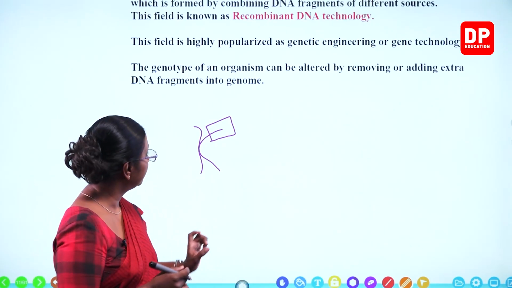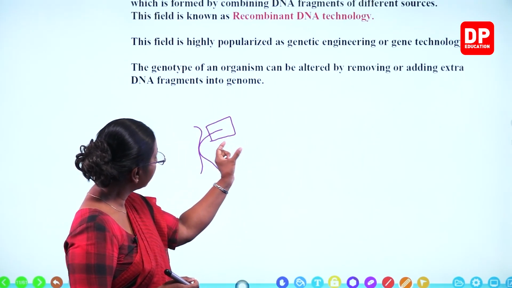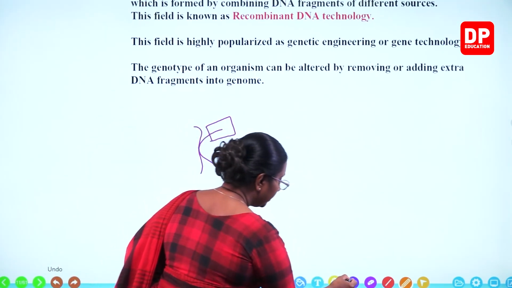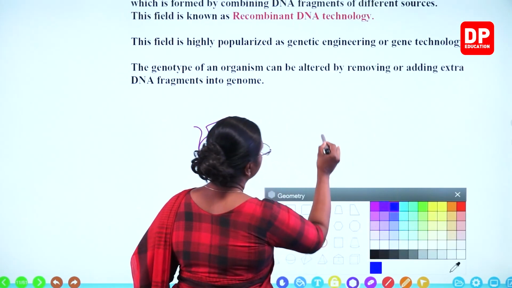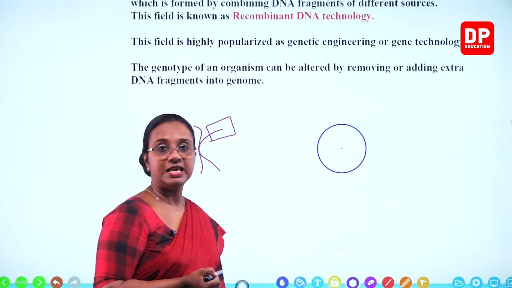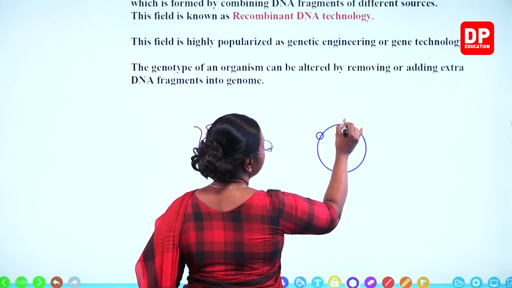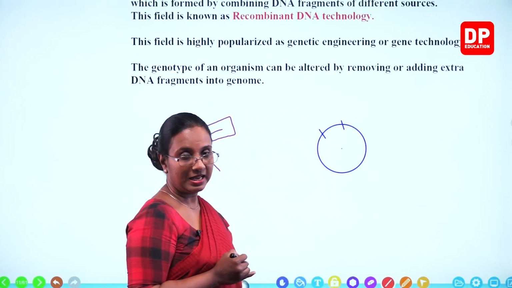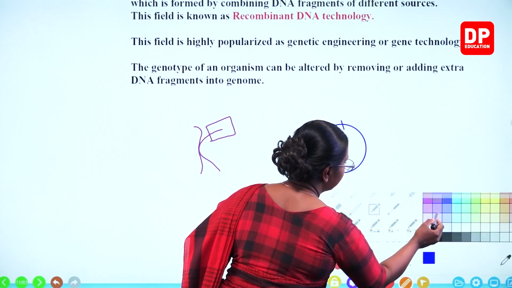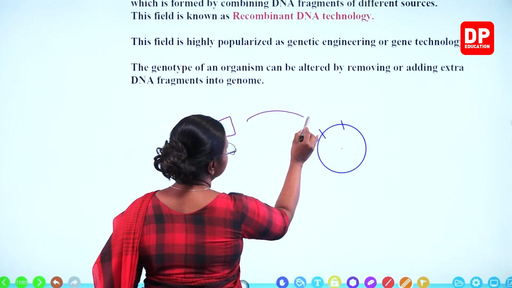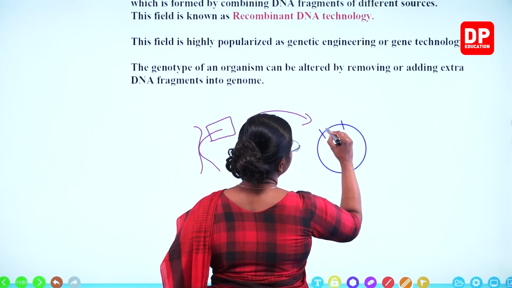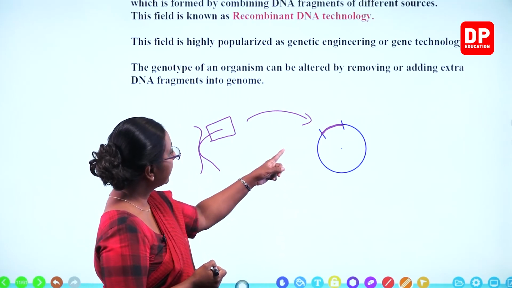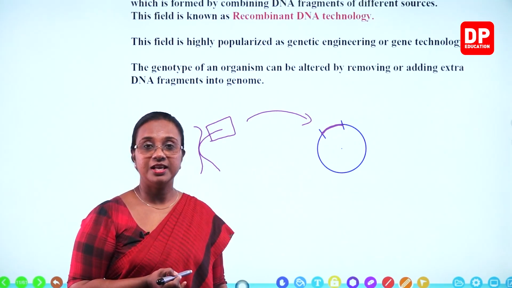To do that, they cut out the gene responsible for the production of insulin. Here we can have, let's say, the bacteria DNA. They can cut off a part of the bacteria DNA and replace it with this particular gene. So instead of the gene that was present earlier, now we have the gene that is responsible for the production of insulin.